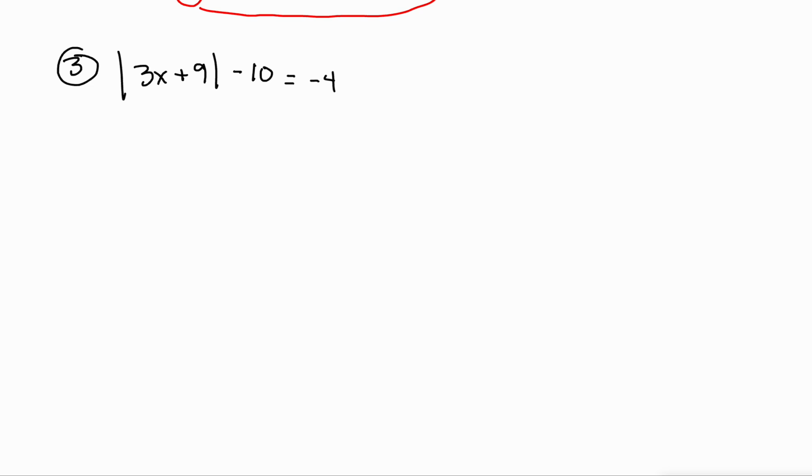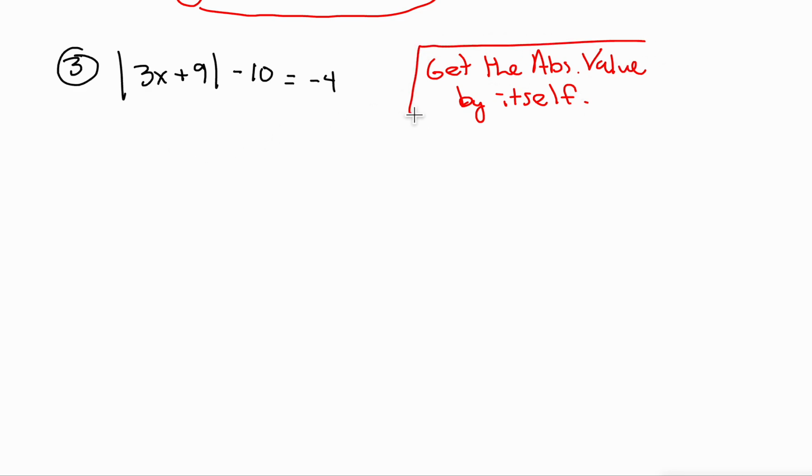So our key here is that we have to get the absolute value by itself. That's the first order of business. Get it by itself. And right now I see that it's not by itself. It has this minus 10. So I need to add 10 to both sides to get it by itself first before we can do anything else.